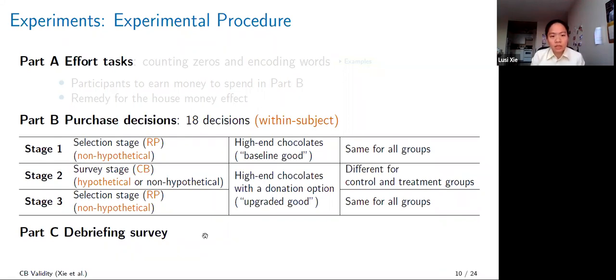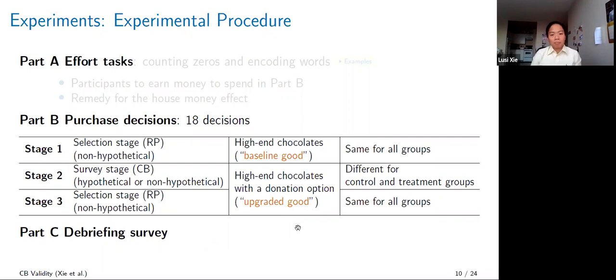The goods we use in the experiments are chocolates, so high-end chocolates. These are private goods. No one would argue with me. And the attribute with public goods characteristic we use is the donation option. So we call them an upgraded good.